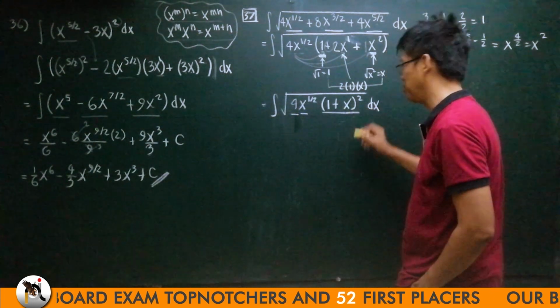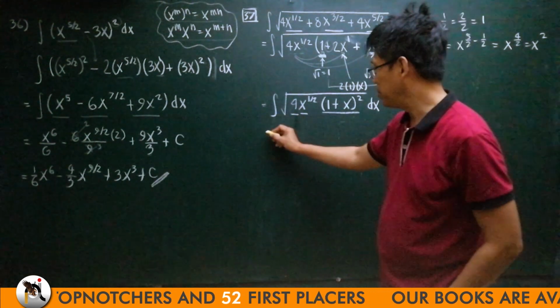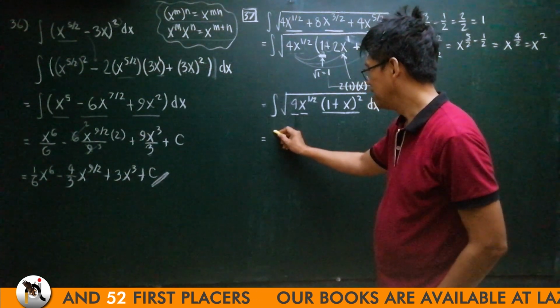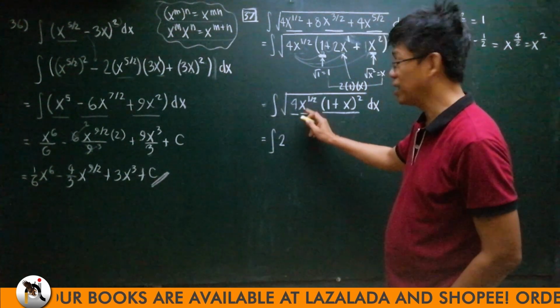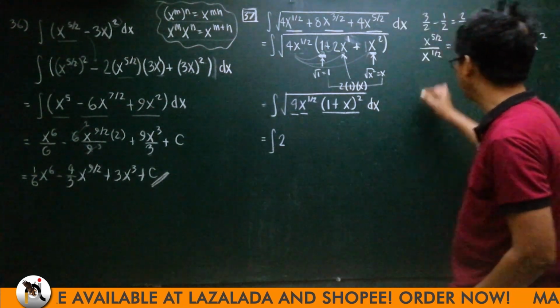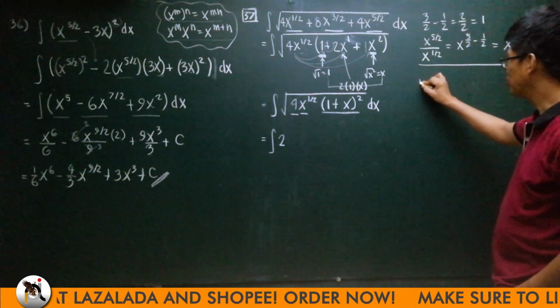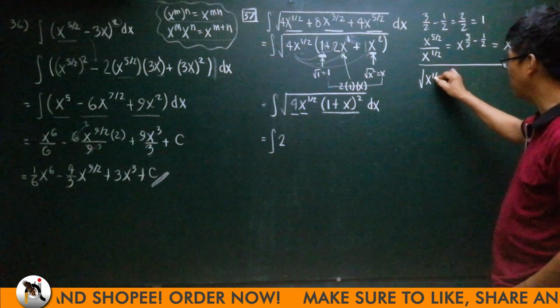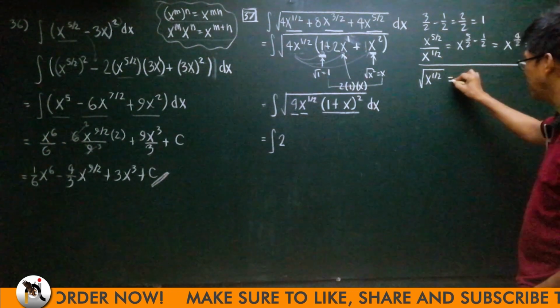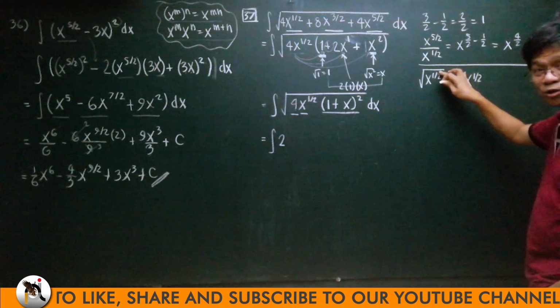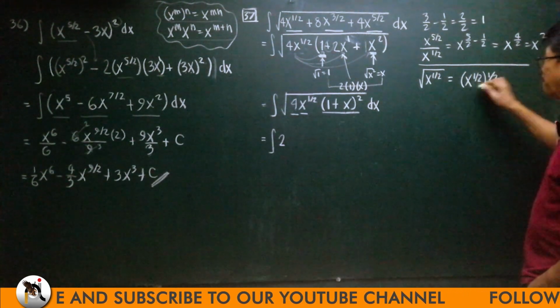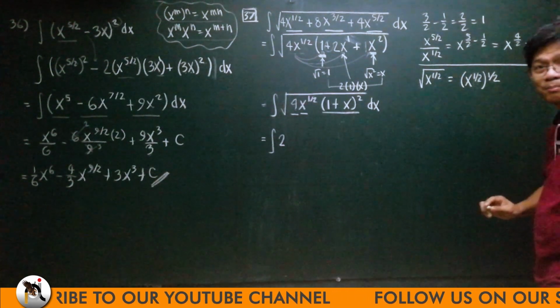each individual term. So, this would be the same as the integral of the square root of 4, 2, times the square root of x to the 1/2. The square root of x to the 1/2 is the same as the power raised to 1/2.